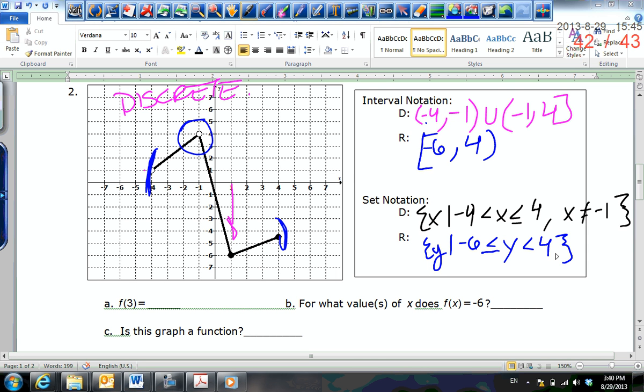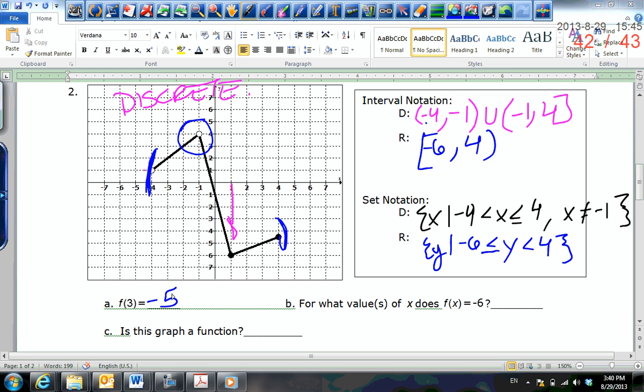Alright. F of 3, what is it? F of 3, we're looking at negative 5. Y is negative 6, so then F of X equals negative 6 means x is 1. So negative 6. Where's negative 6?